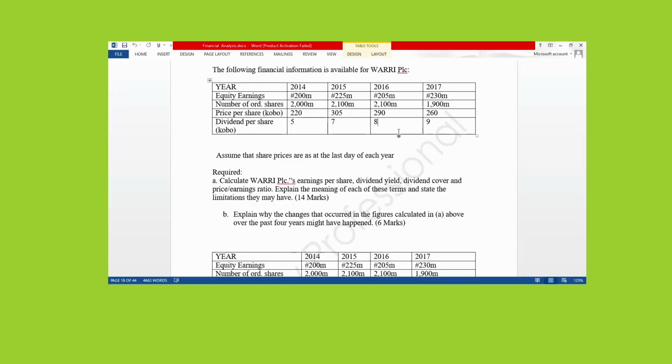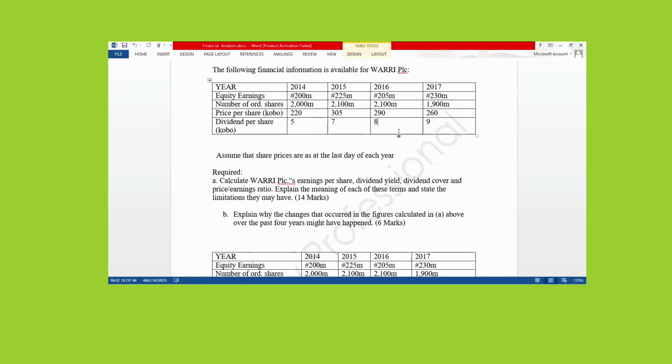We can also evaluate the future financial prospects of a company. This analysis is carried out using financial ratios. We discussed this last week.